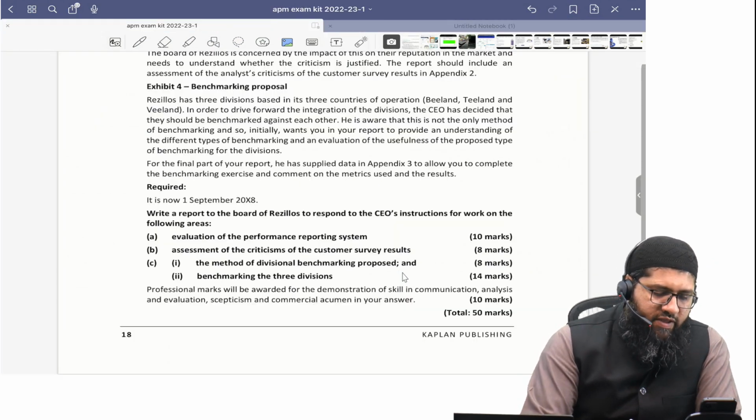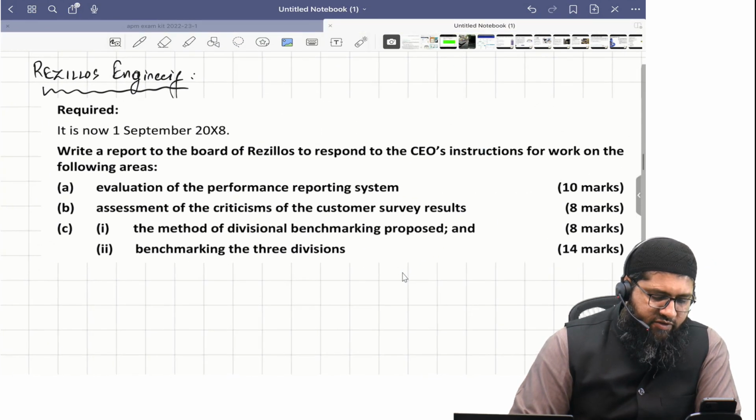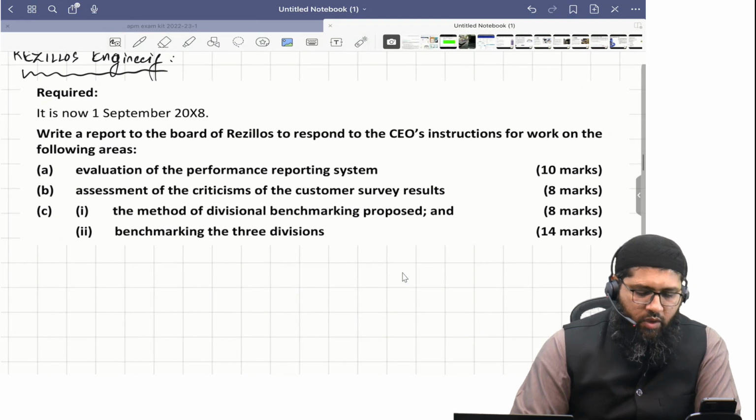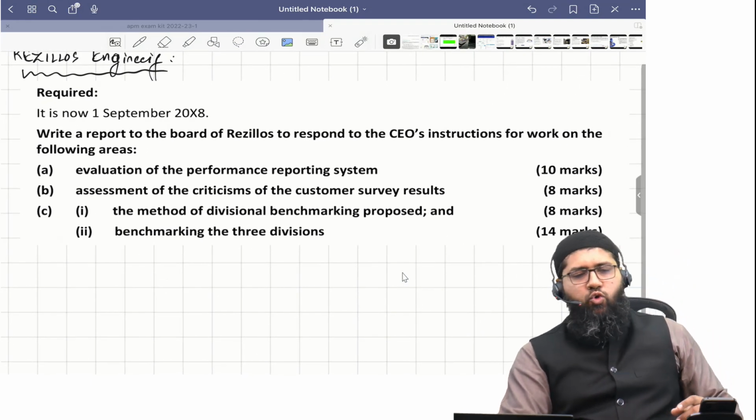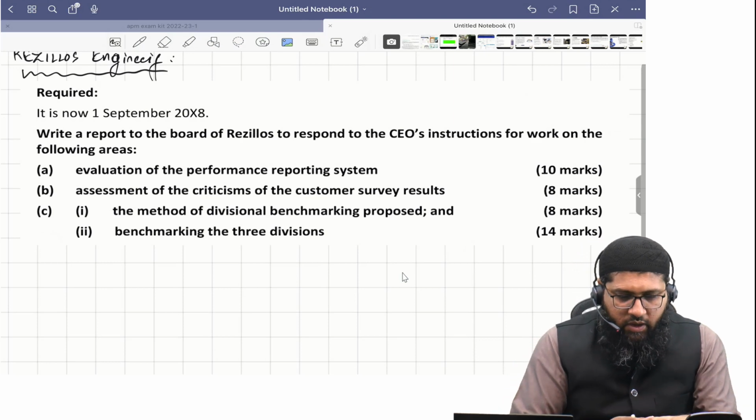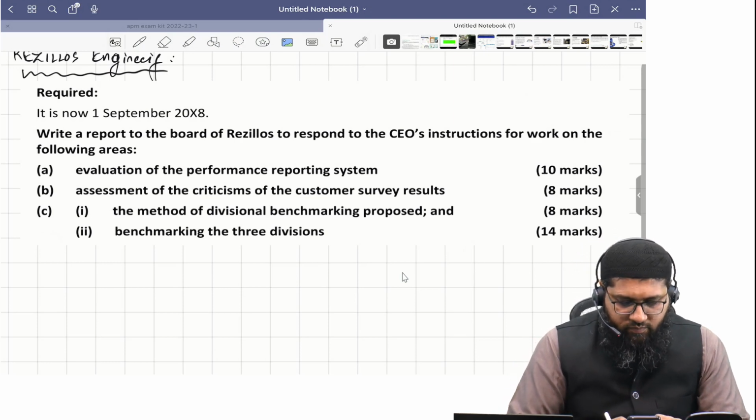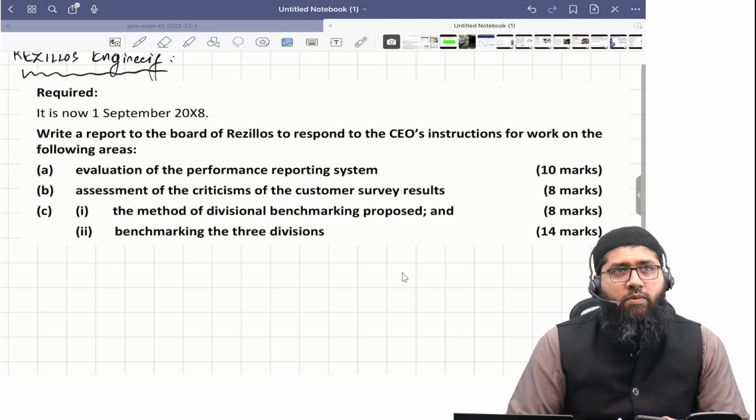Okay, so we have got this next question, the name of which is Resolos Engineering. And there are few aspects to this question which I would like to discuss. So we'll take you people through that.